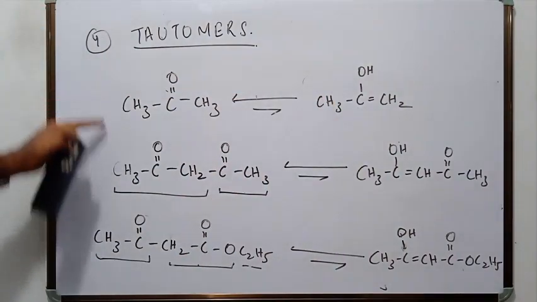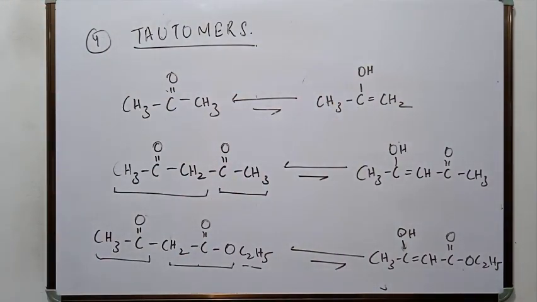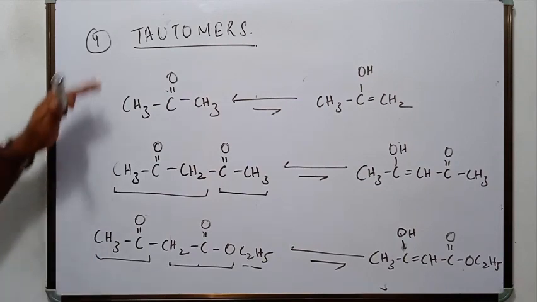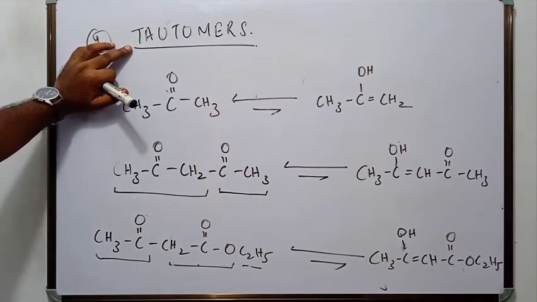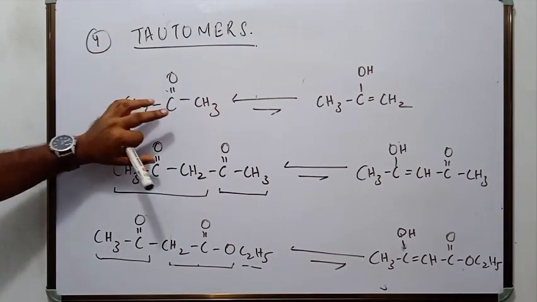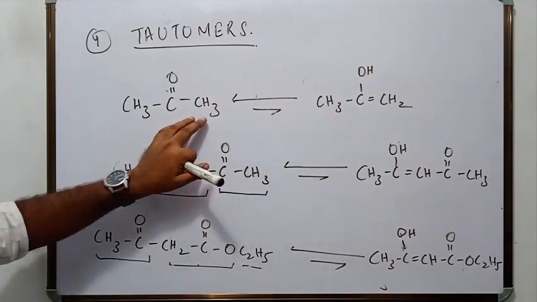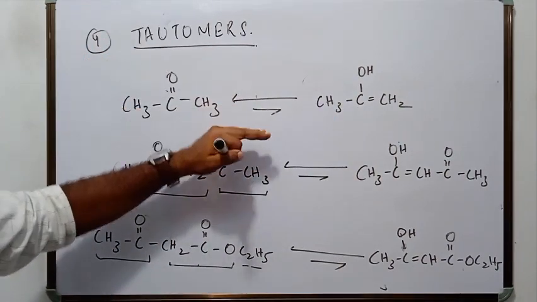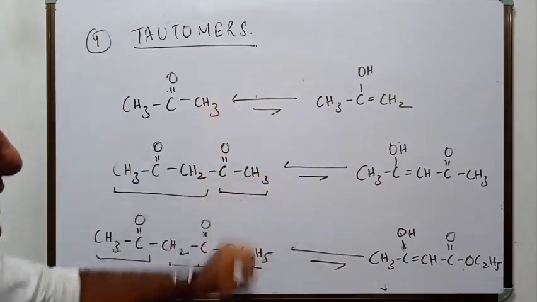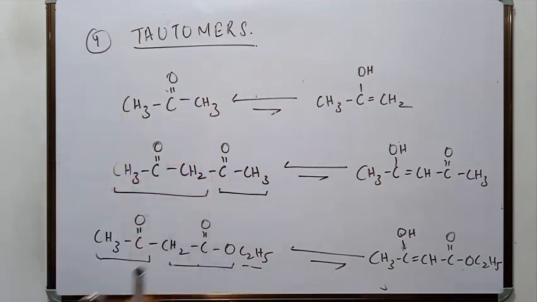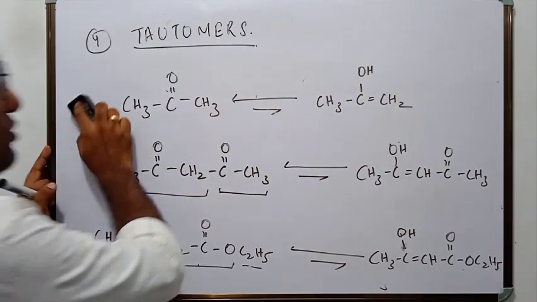To know more about this, please refer to my earlier video where I discussed tautomerism, a special kind of functional isomerism. These are functional isomers, but they interconvert between each other and coexist together at room temperature. So that is tautomers.